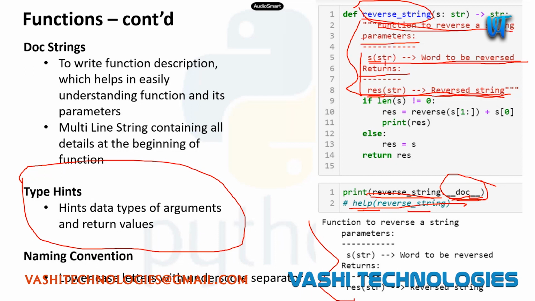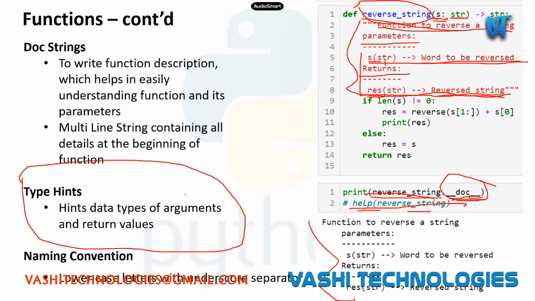If you see here, this is my function definition, and I have given this colon and data type. This indicates this s argument is of string type. I need to pass a string always here for this s. And the return value will always be a string.